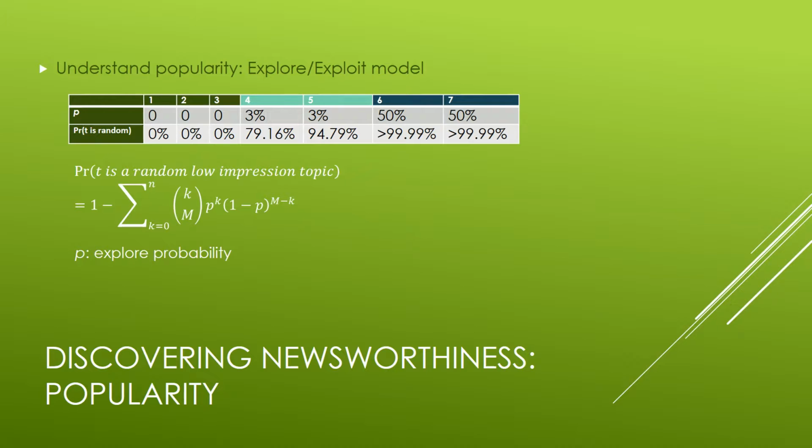If the engagement is good, then you move them up. If the engagement is not good, then you retire those results and put another set of randomly selected low-impression topics into the slots. This way you can discover the popularity.